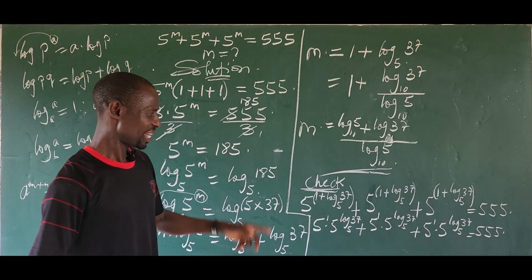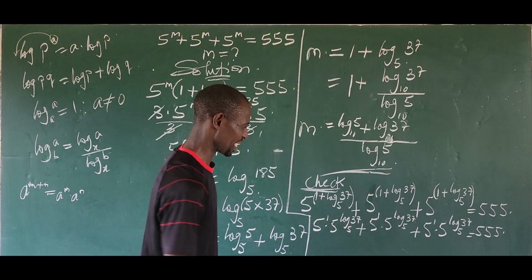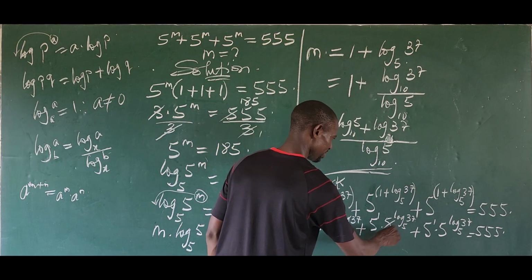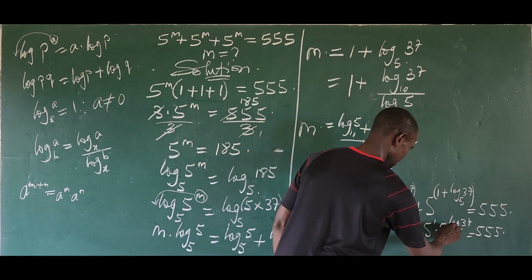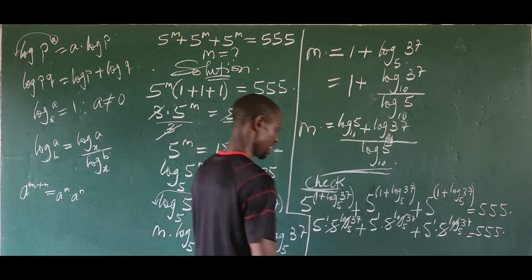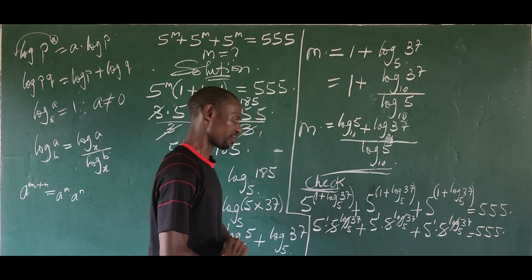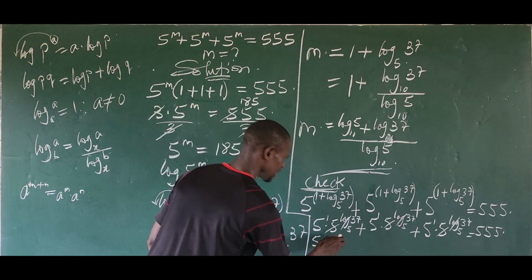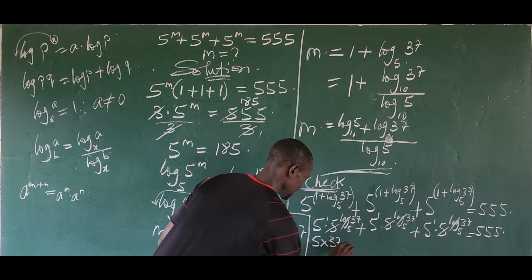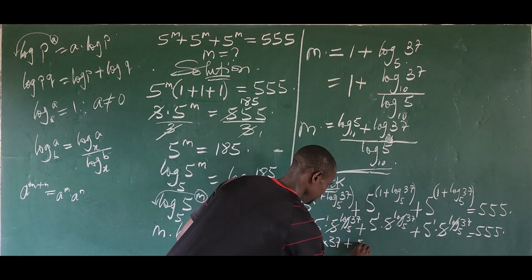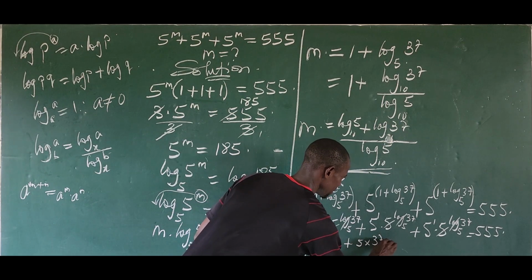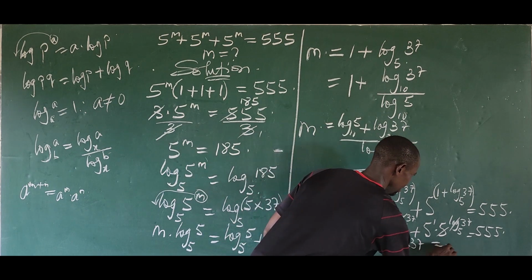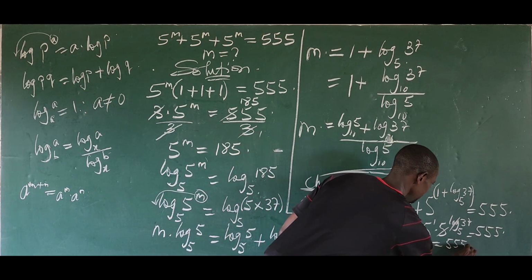Then what do we do here now? Look at this expression. This 5 goes with this log base 5. This 5 goes with this log base 5. This 5 goes with this log base 5. So we are now left with 5 to the power of 1, which is 5. And this is going to give us 5 times 37, plus 5 times 37, plus 5 times 37, then everything equal to 555.